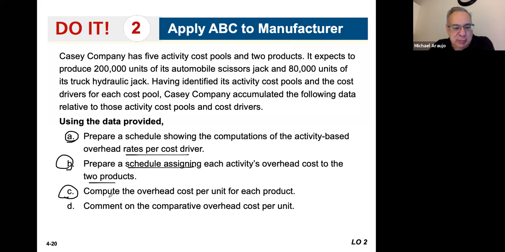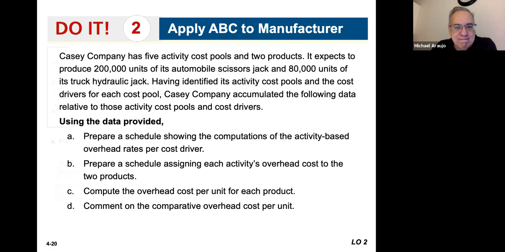C asks you to compute the overhead cost per unit for each of those products. And then they want some commentary once you compare those two products and the costs. They just want you to write a little paragraph or so about the observations you made.